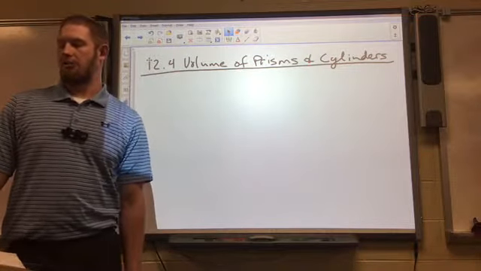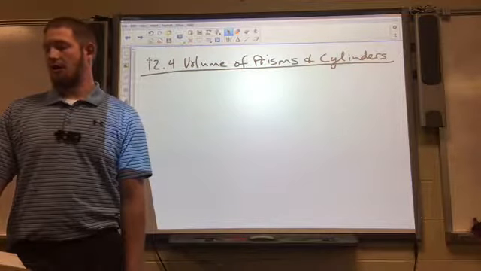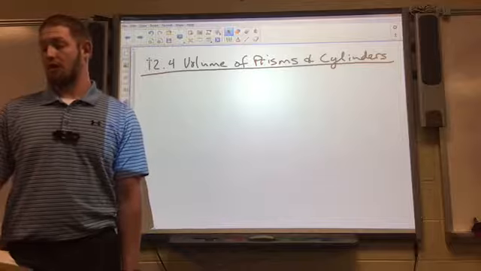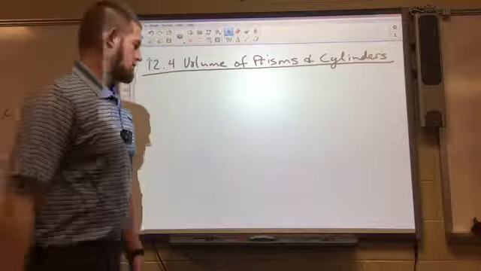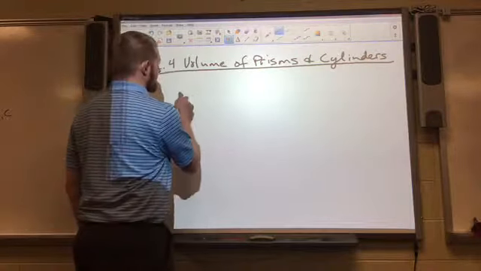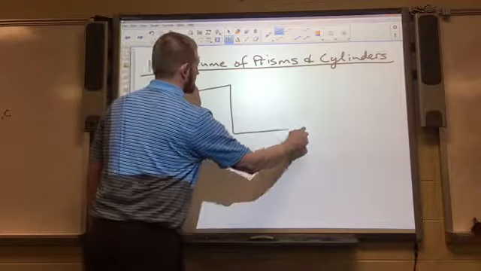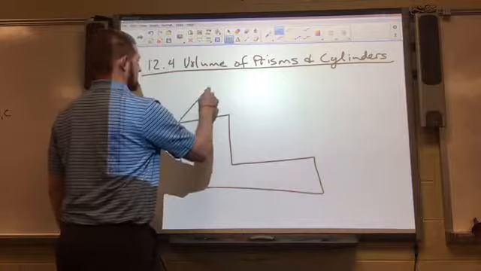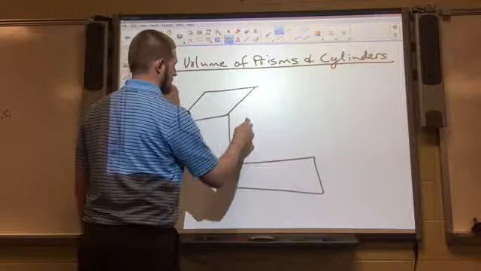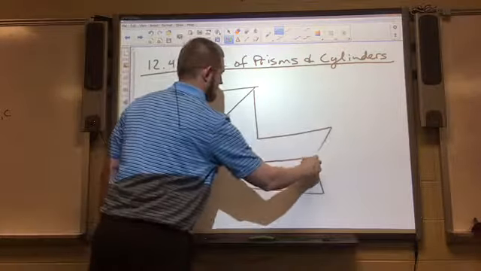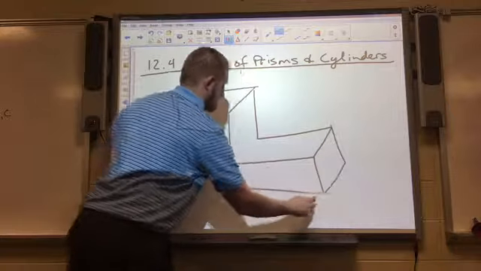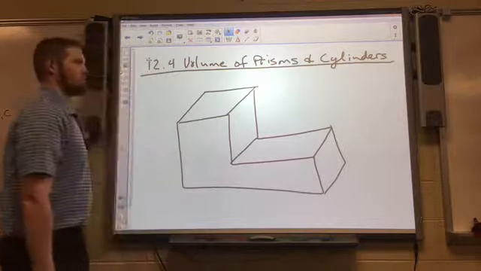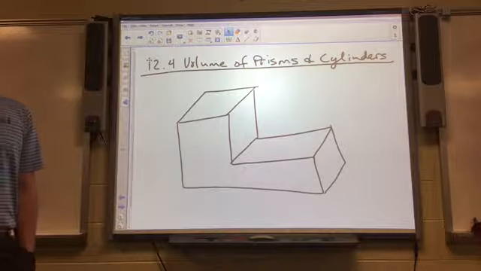The volume addition postulate says the volume of a solid is the sum of the volumes of its non-overlapping parts. What they're getting at there, if you have a shape like this, how do you find the volume?